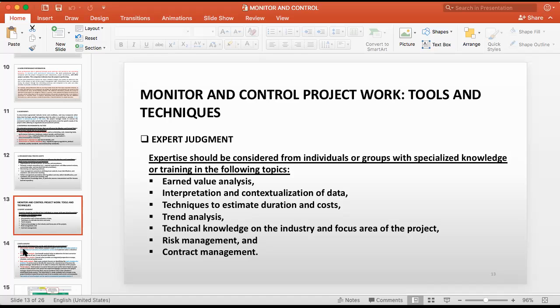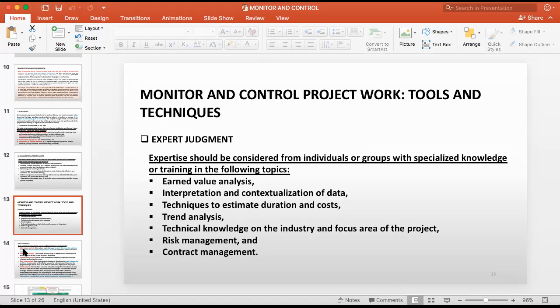If you are handling foreign contractors and you don't have a proper contract administration and management procedure, you will be in trouble, and as the project manager you are answerable for millions and billions of rupees. So contract management is also one part.